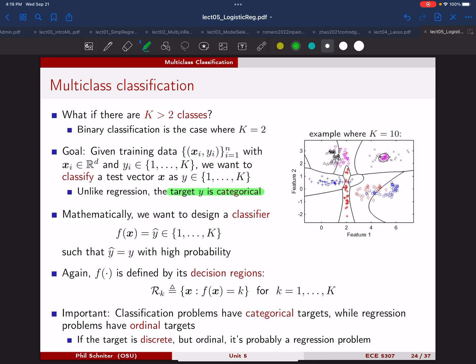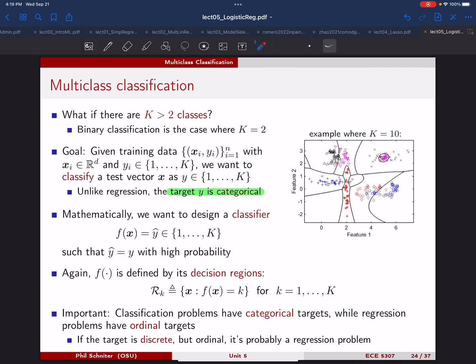Even though they may be specified to you as integers from 1 through k, you don't want to think of them as class 1 being less than class 2, which is less than class 3, and so on. They're really like cats, dogs, cows. It's different stuff, categories. And so our objective is to predict the categorical label from the features.